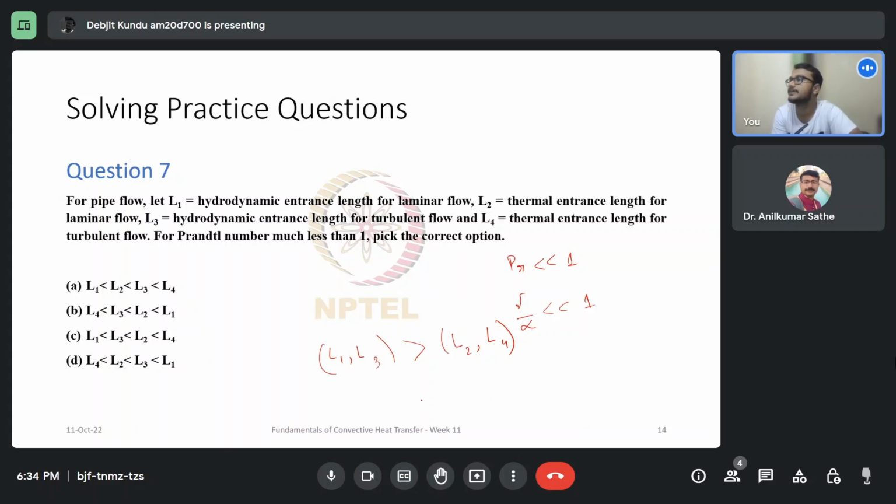So we can say that L4 is smaller than L2, and then L3 is less than L1, and they are smaller. So the order is 4, 2, 3, 1. This would be the correct order, so option D. Option D indeed is the correct answer.